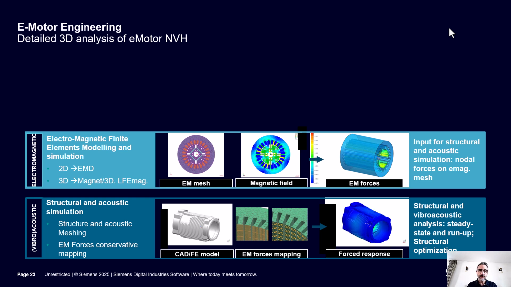We have a lot of experience in our engineering services team that we gathered by doing a comparison, correlation of the e-motor structure by means of testing, correlation between testing and simulation, which allows us to improve the assumptions and identify the best practices in order to simulate the structural vibrations.